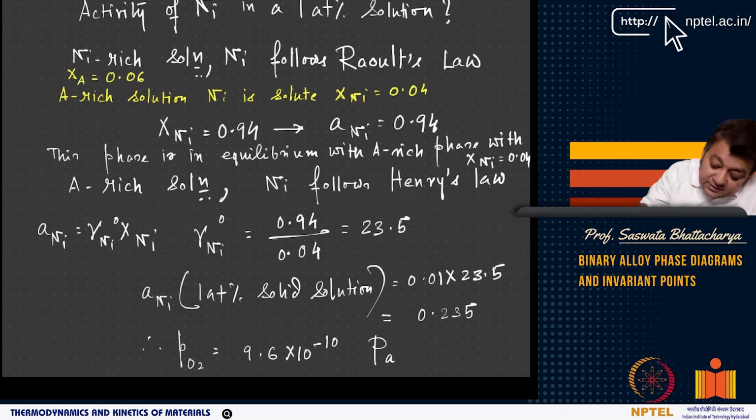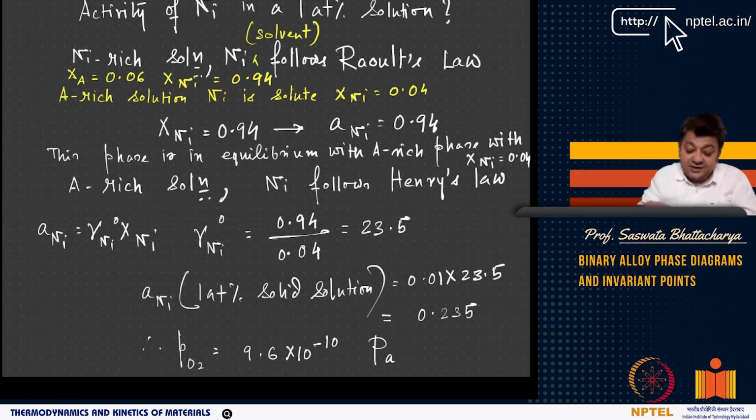A is the solute, but nickel is the solvent. Nickel is the solvent, and that follows Raoult's law. So in this solvent, you have XNi equal to 0.94 in the nickel rich solution.